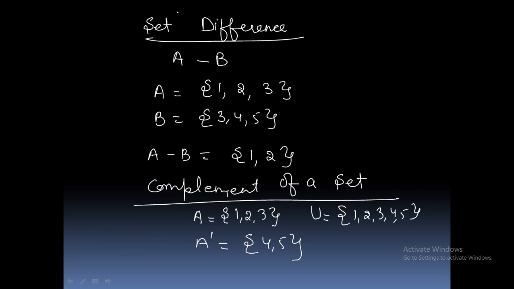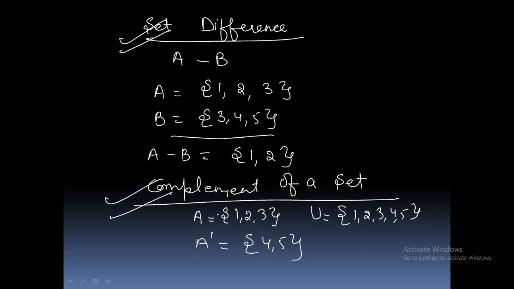Now next is set difference. What is a set difference? Set difference means we have to see that A's element must not be in B's element, must not match with B's element. That means those elements which are not in B, that is the answer of A minus B. So here answer is 1 2, because 1 2 is not present in B's set.